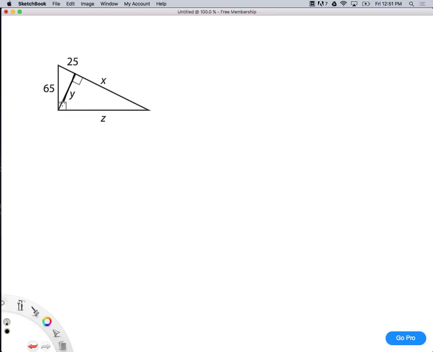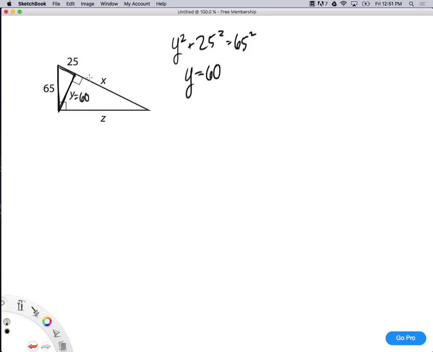How do I find y? This is a right triangle, right? But I can't do it yet because I don't have this side here, you see? You see how this is flipped around? Yeah. Look, pay attention. I have to use the Pythagorean Theorem first. Y squared plus 25 squared equals 65 squared. I subtract, I take the square roots, I end up with y equals 60. Okay, just use Pythagorean Theorem.